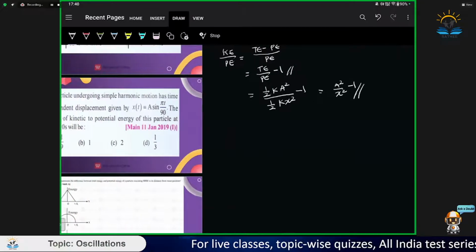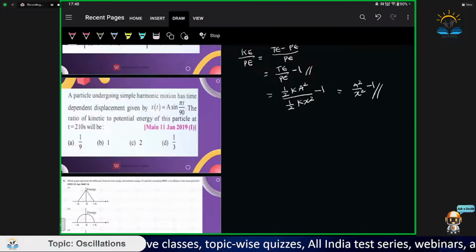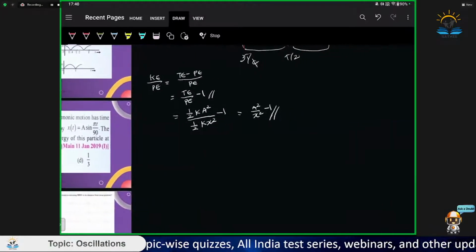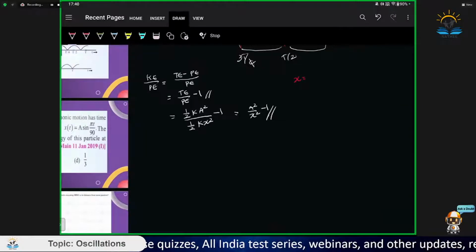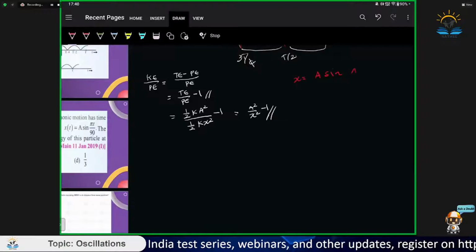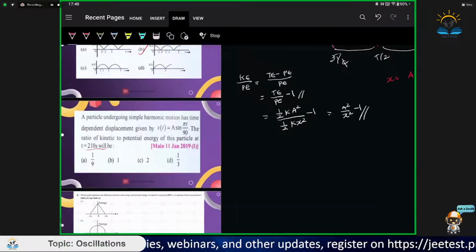So we have to find out what x is. For that, our equation is x is equal to a sine of pi t by 90. Time is 210.